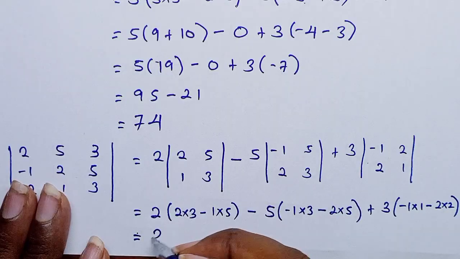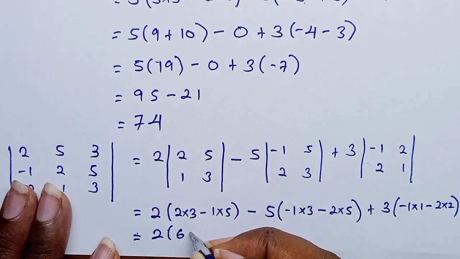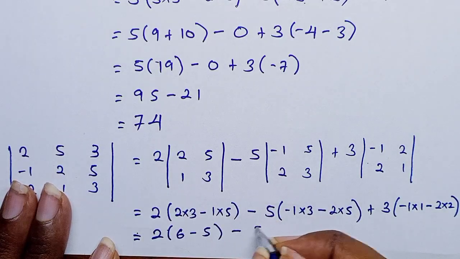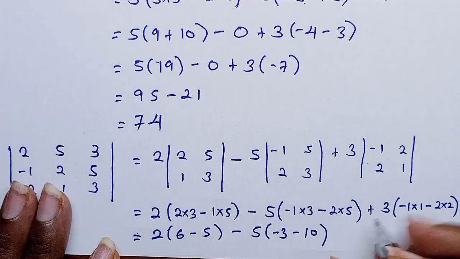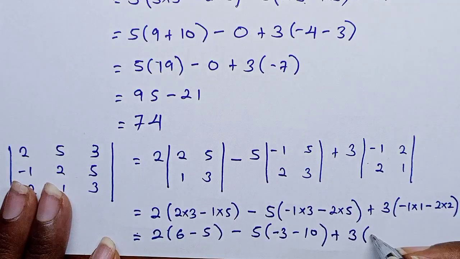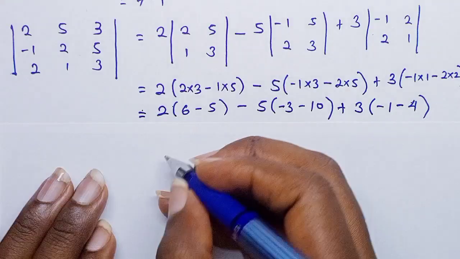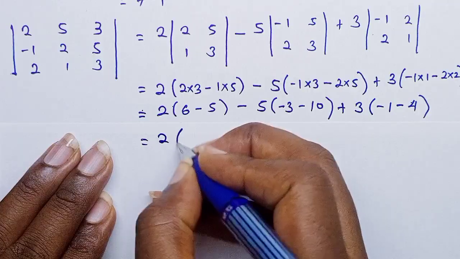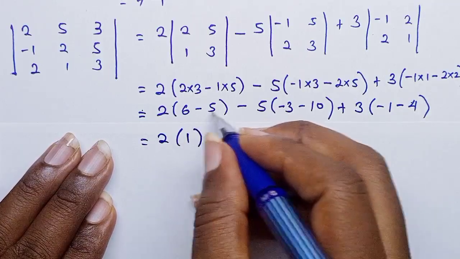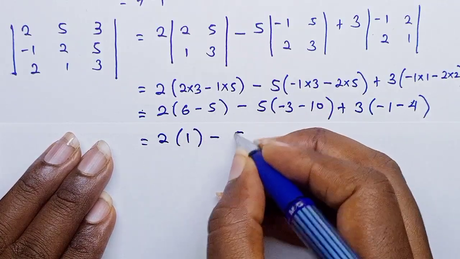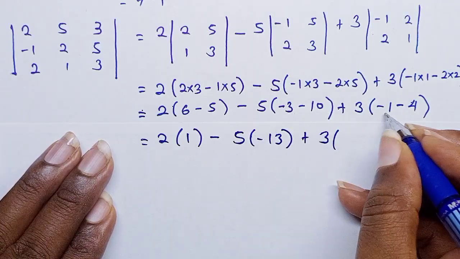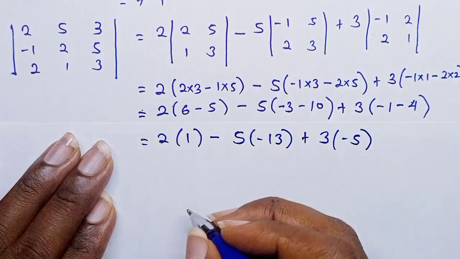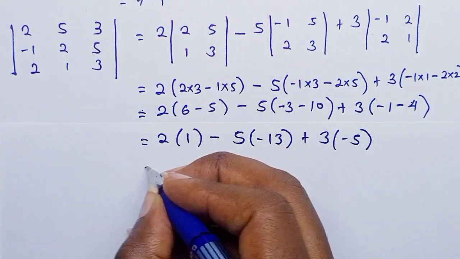This is equal to 2 into (6 minus 5) minus 5 into (negative 3 minus 10) plus 3 into (negative 1 minus 4). So this would be 2 times 1, since 6 minus 5 is 1, then minus 5 into minus 13, plus 3 into minus 5.